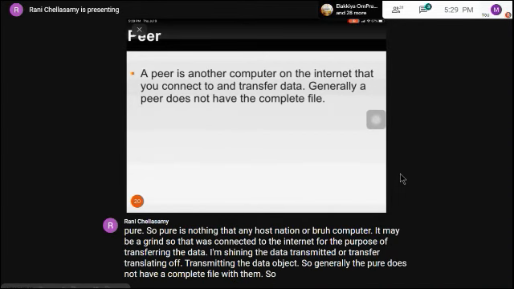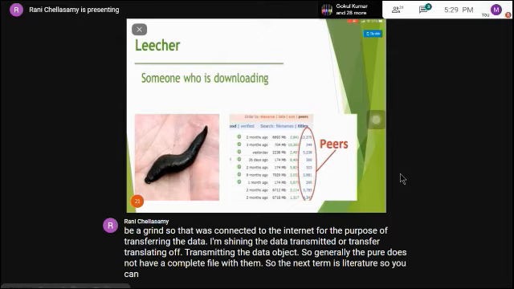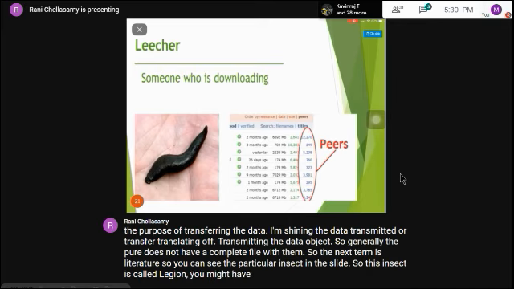Okay, so the next term is leecher. So you can see the particular insect in this slide. This insect is called leech. You might have heard of or seen this insect.